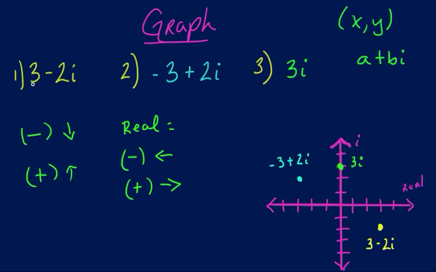So here, this is a real number because it's not attached to an i. We went to the right 3 spaces, and then we went down 2 spaces on the i. This real number is a negative 3, so that means we go to the left 3 spaces. Think of this negative in the front kind of like an arrow. It's pointing us to the left. It's saying move to the left 3 units. And that's exactly what you want to do.